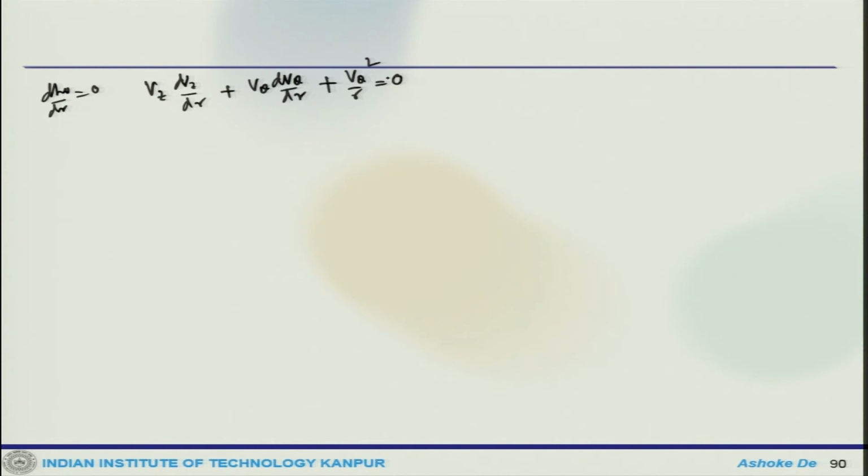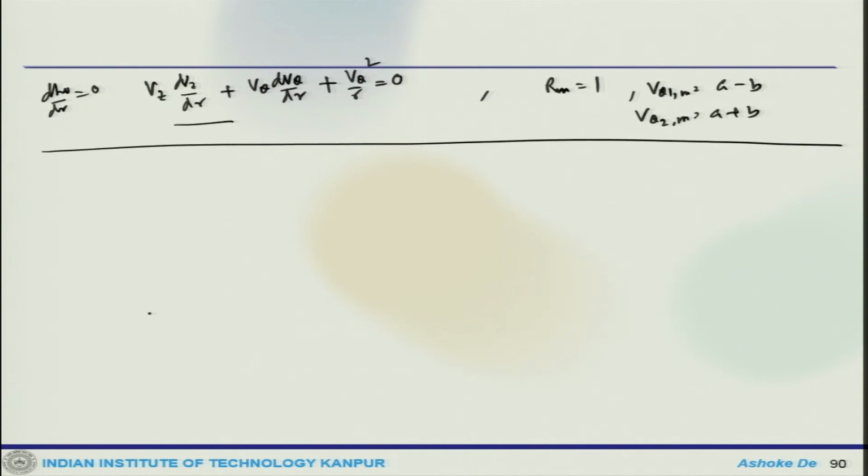So, it can be integrated between station 1 and 2 at mean radius r, where r m is 1, V theta 1m is A minus B, V theta 2m is A plus B. So, the resulting values of axial velocities at radius in station 1 and 2 can be calculated. Okay. And there are different ways one can do that.